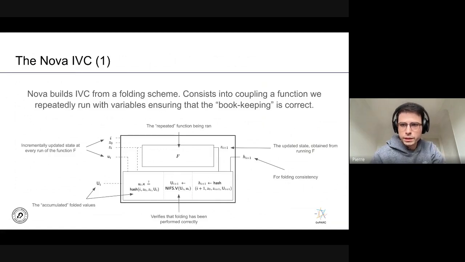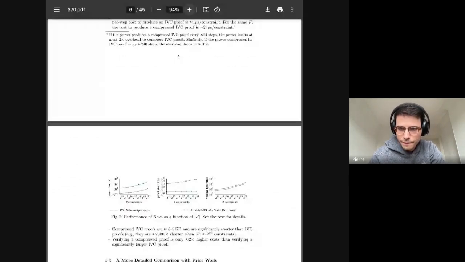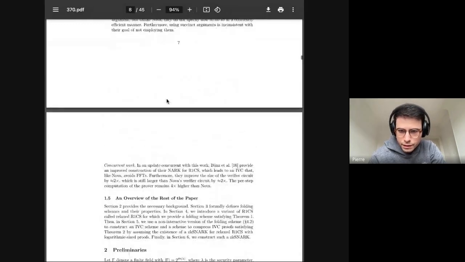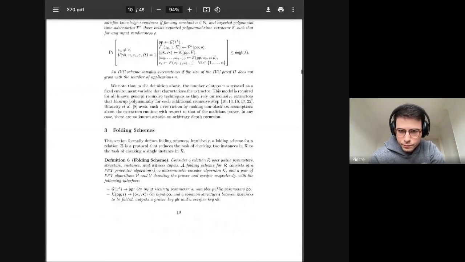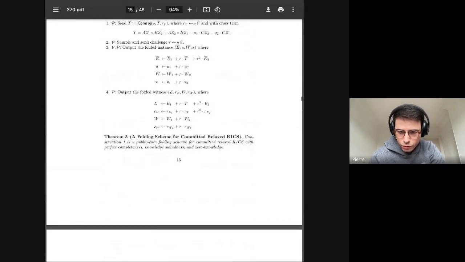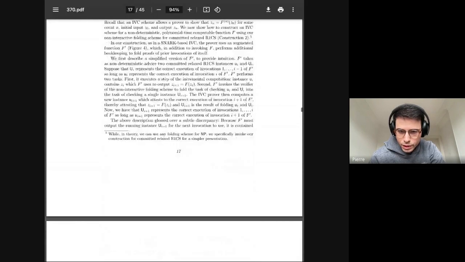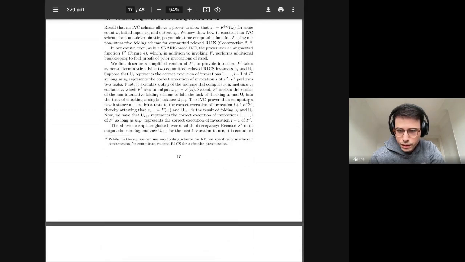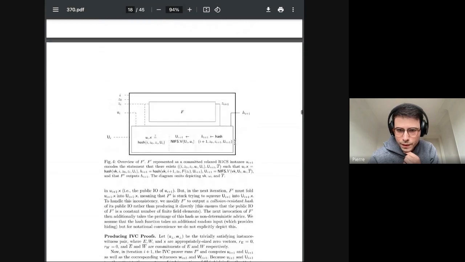So if you want to check that, you can go here. Wait, I'm just not sharing the right screen. So this is in the original Nova paper, and they will explain that.